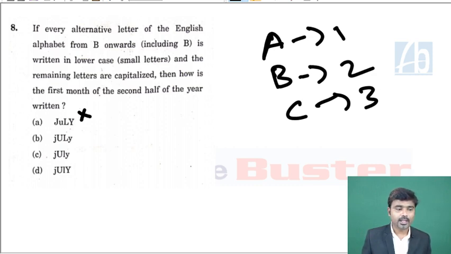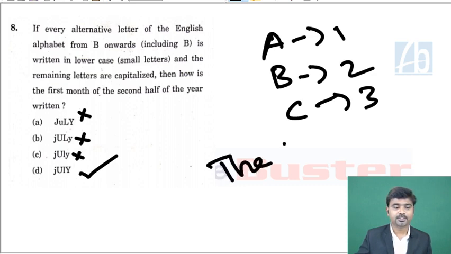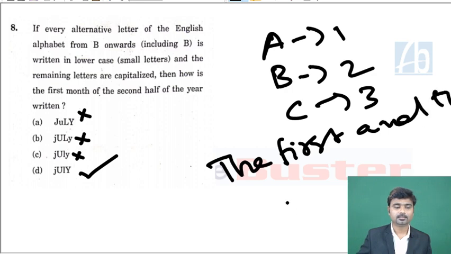Next one, the 25th letter. Why is the 25th letter in an odd place, so Y should be what letter? Capital letter. So if you check B, C, D, B can be eliminated and C also can be eliminated. The answer is choice D. You need to check only two letters, the first letter and the last letter.